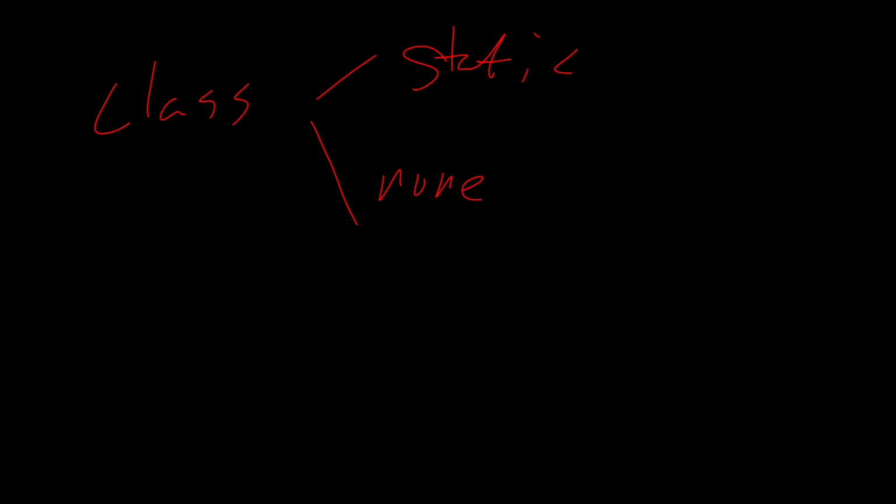It means a class has two kinds of members. One is static, one is non-static. Static members belong to class, which means you can use class name dot static member's name.